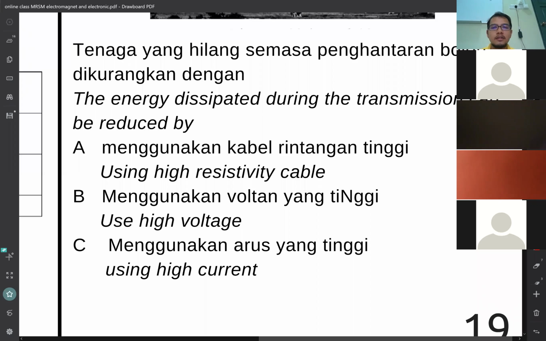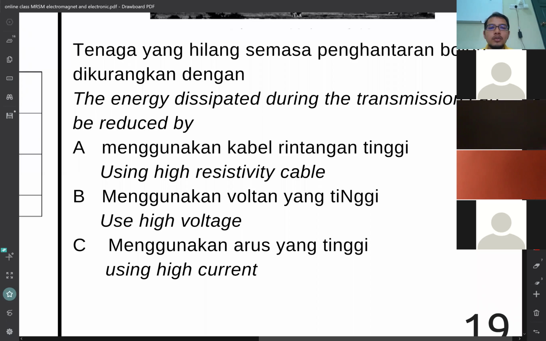Okay, higher resistance, which will increase the energy loss. So to reduce the energy dissipated, that's why they send it with a higher voltage cable, because they want to reduce the energy loss.